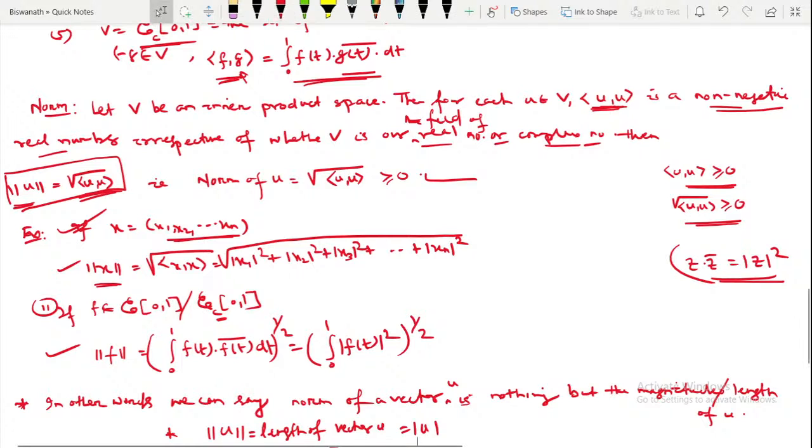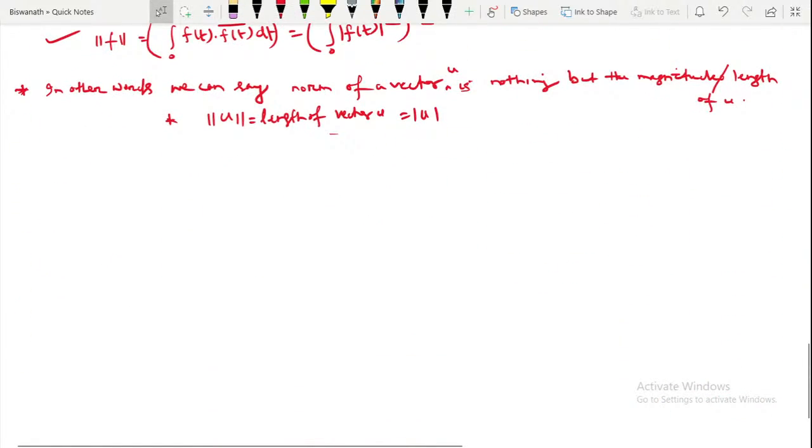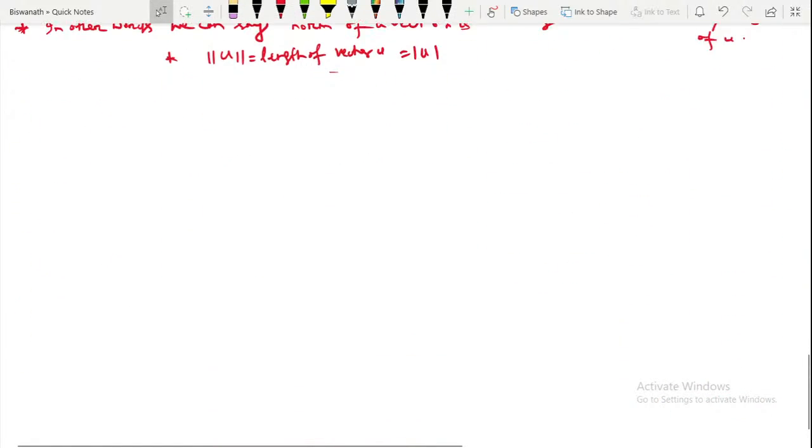So this is the definition of norm. Now comes some theorems related to norm. Now comes the first theorem. Let V be an inner product space.